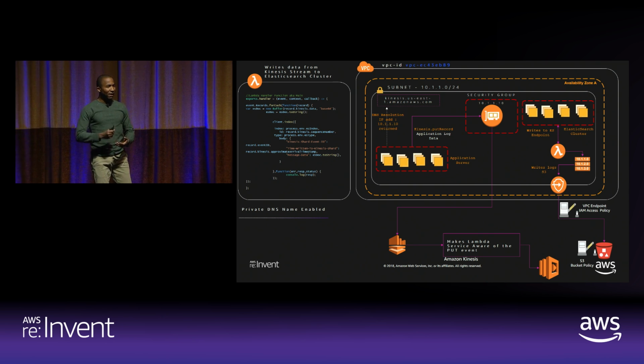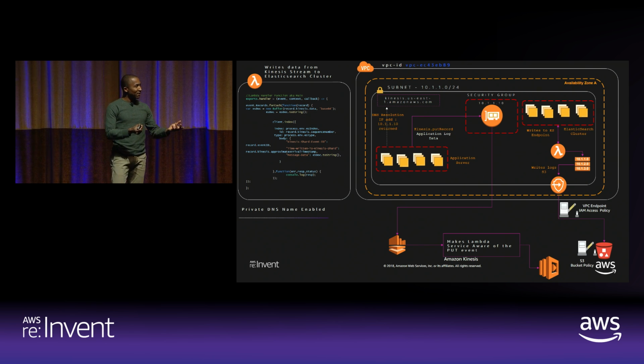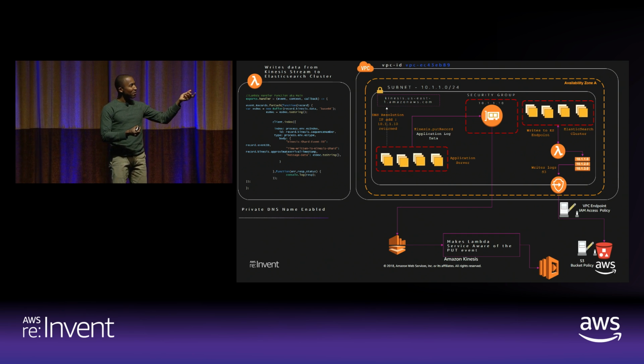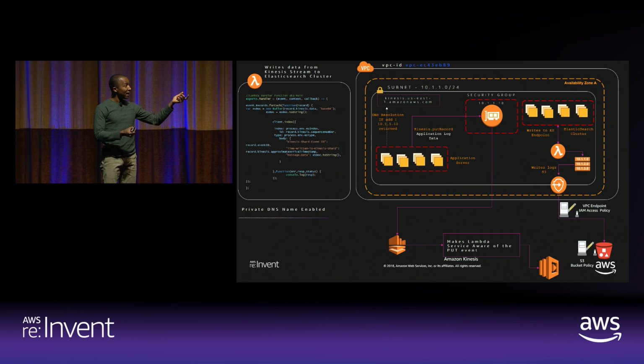OK, great. So if I write data to Kinesis, how do I get my Lambda function to actually take that data and write to my Elasticsearch cluster?